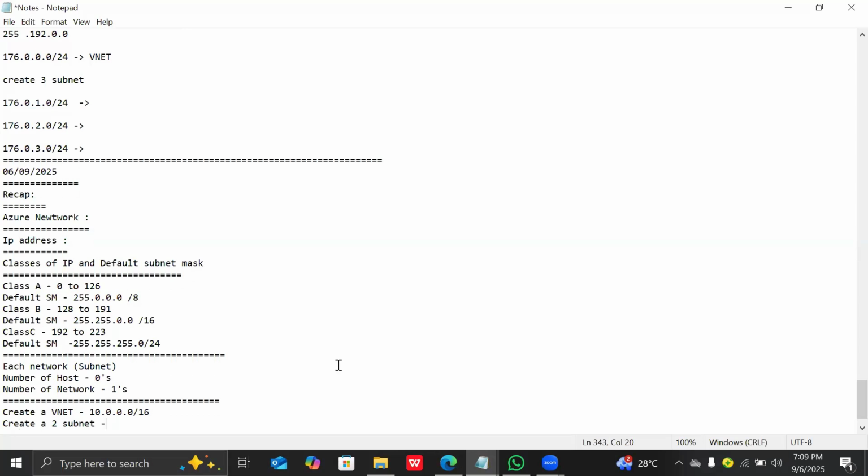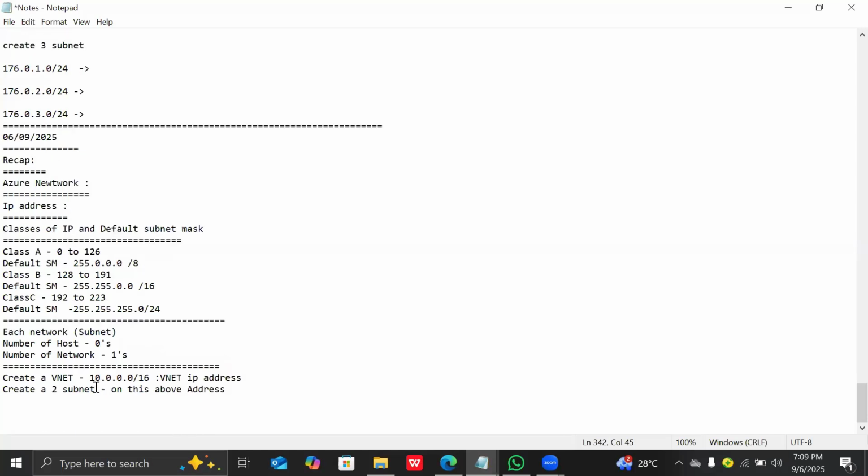This address is also called the VNet IP address, and two subnets should be created within this VNet.